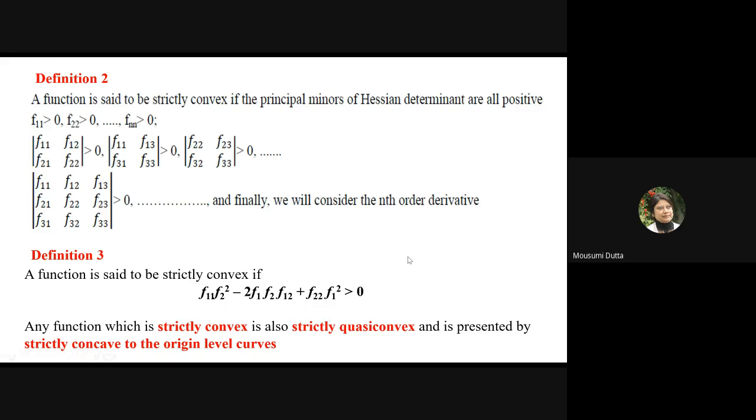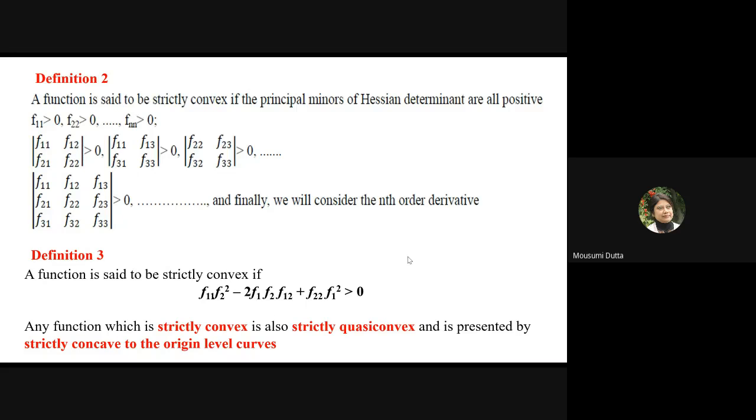And you also need to check the definition we did using the Hessian determinant or principal minors of the Hessian determinant. Here, all the principal minors of the Hessian determinant will be positive.